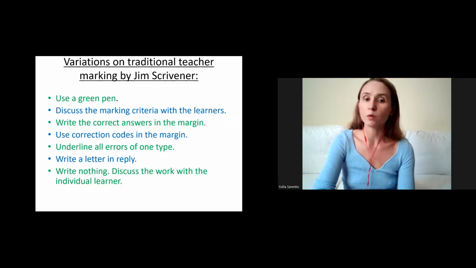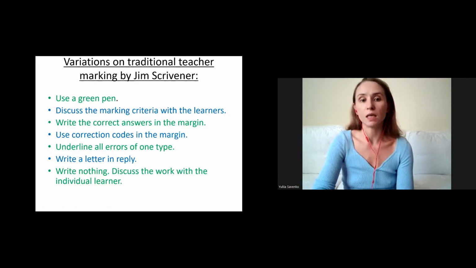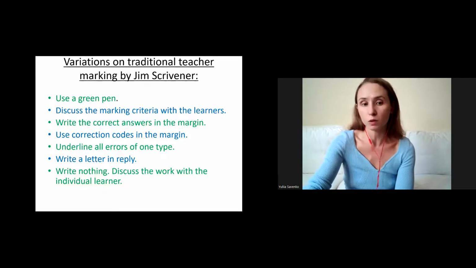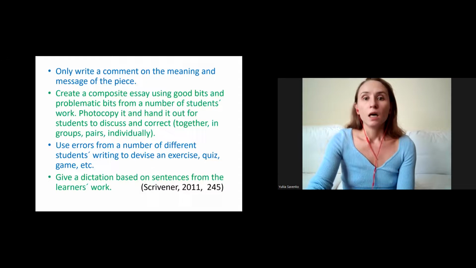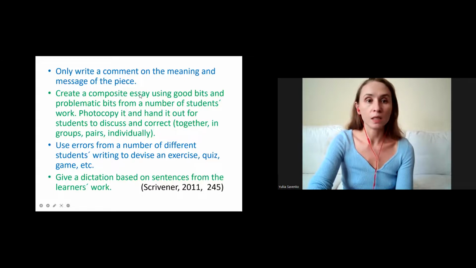Underline all errors of one type. Write a letter in reply and write nothing. Discuss the work with individual learners. Sometimes it can also be useful just to discuss it. So only write a comment on the meaning and message of the piece.